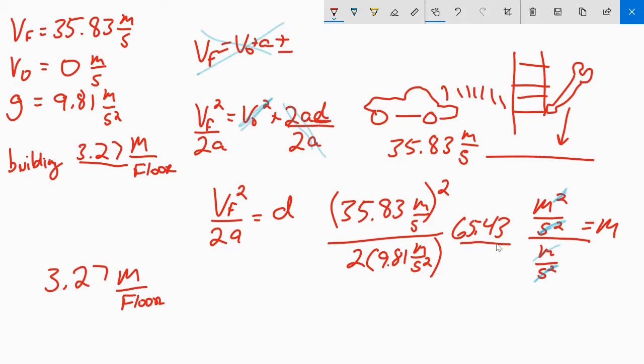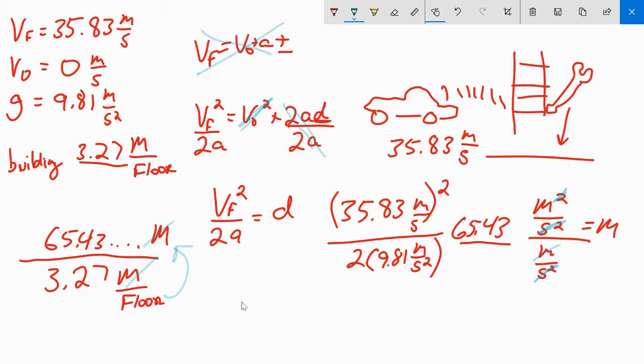Well, if it went 65 meters, I can take this 65.43 and so on meters. If we divide them, floor comes to the top, and I'm going to end up with an answer in floors.